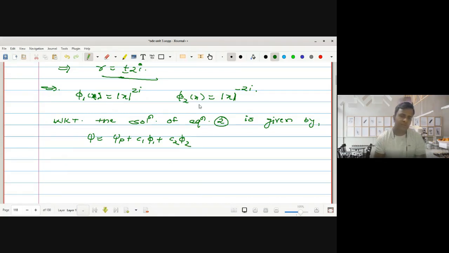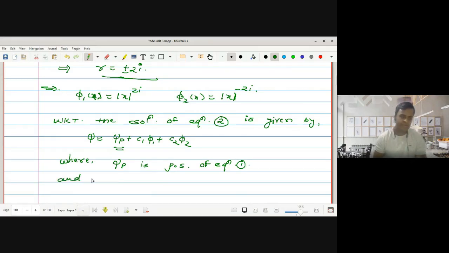We know phi 1 and phi 2. We have to find the value of psi p, where psi p is the particular solution of equation 1 or 2.